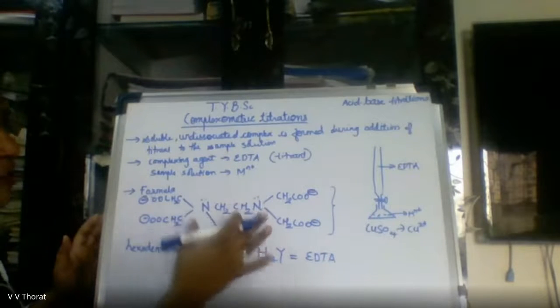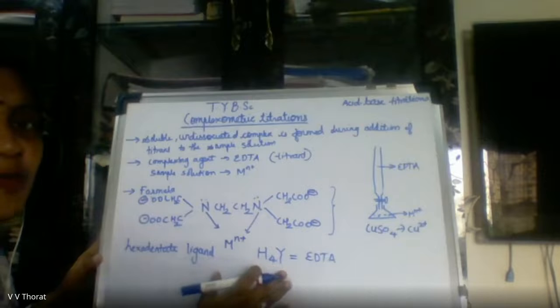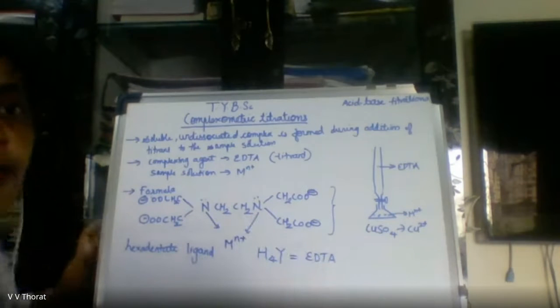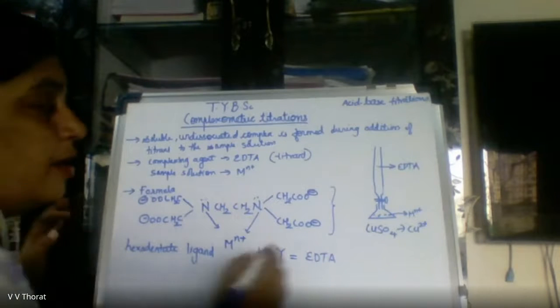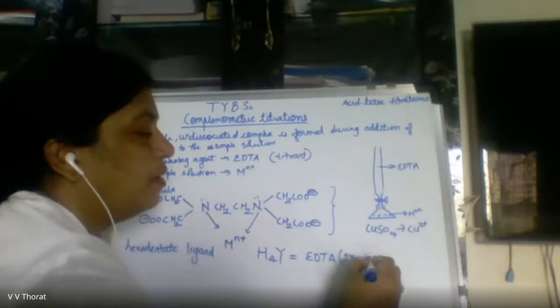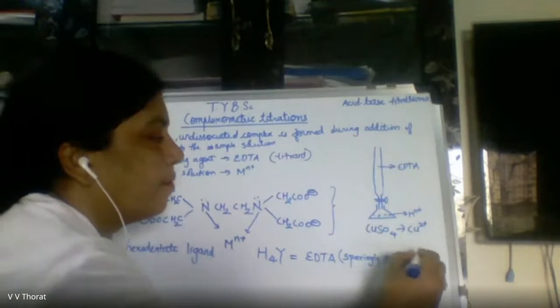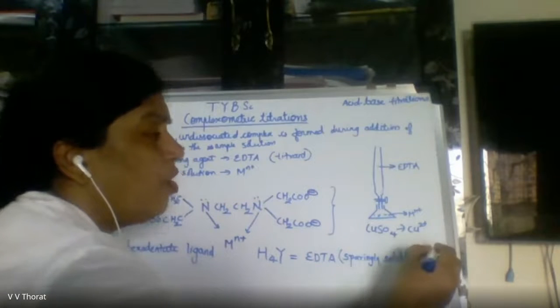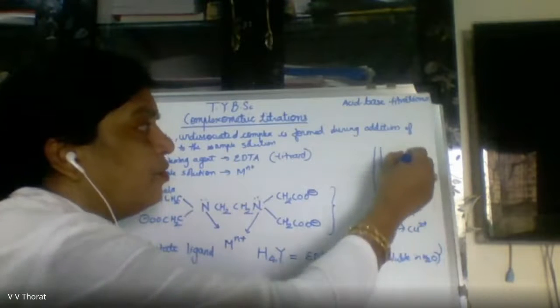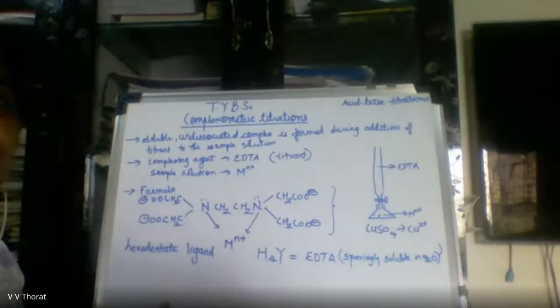Instead of writing the full formula every time, I will only write H4Y. It means EDTA. But this EDTA is sparingly soluble in water. So you cannot use it as a titrant. You cannot fill the burette with a turbid solution.